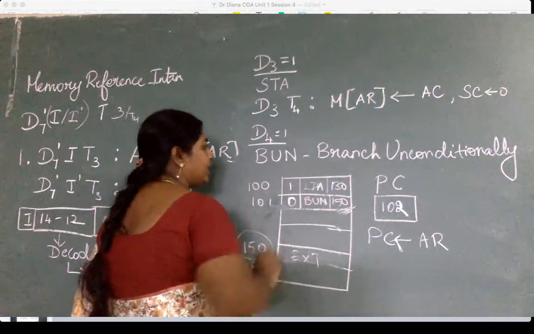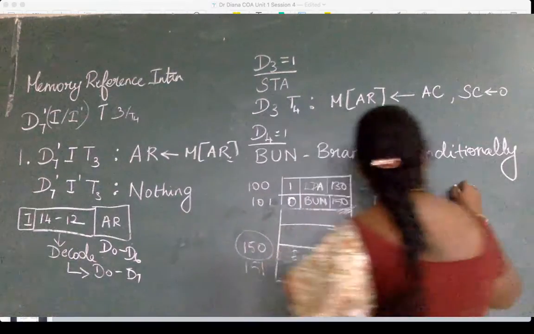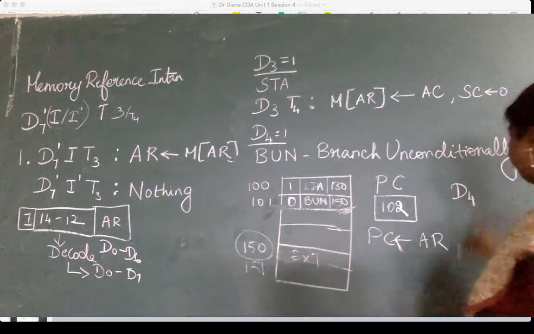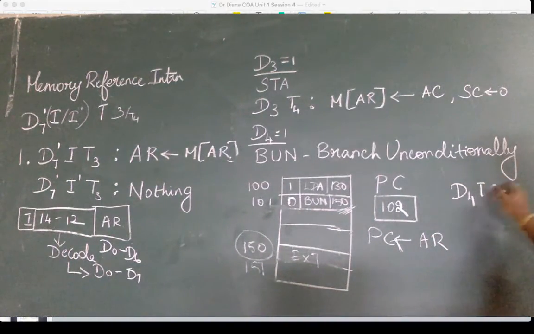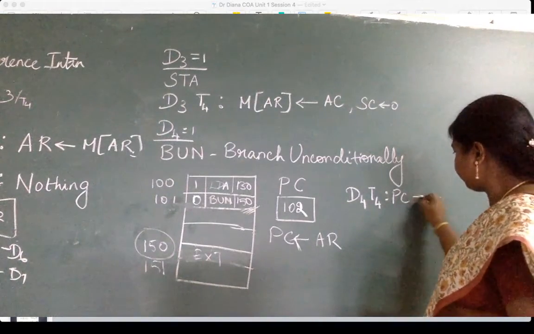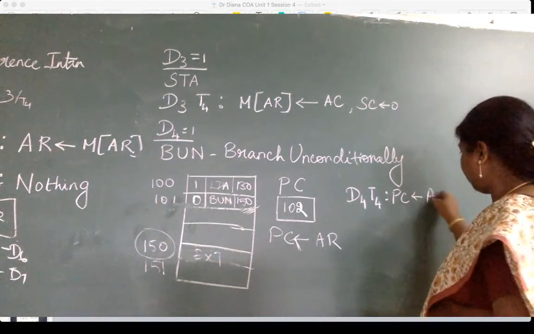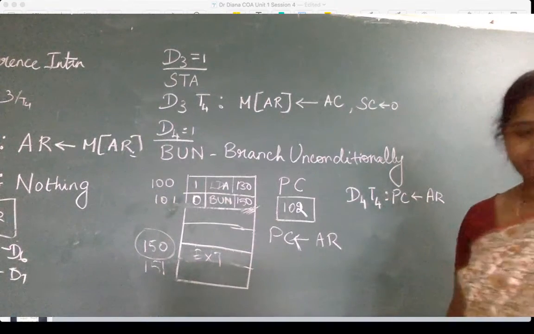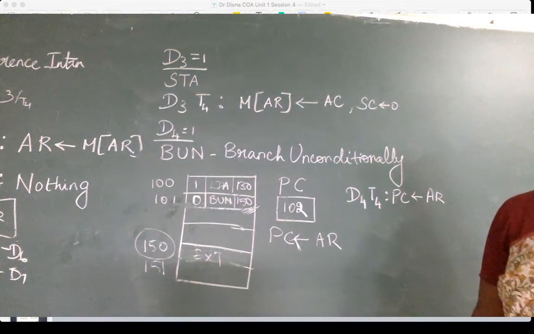So at D4 and at time cycle T4, I am going to update the value of the program counter with the content of the address register. Is that clear?